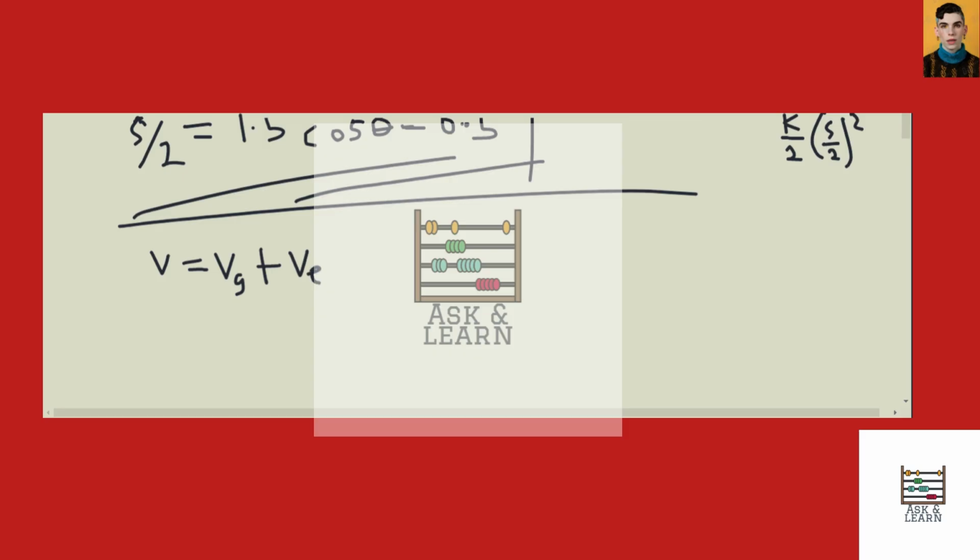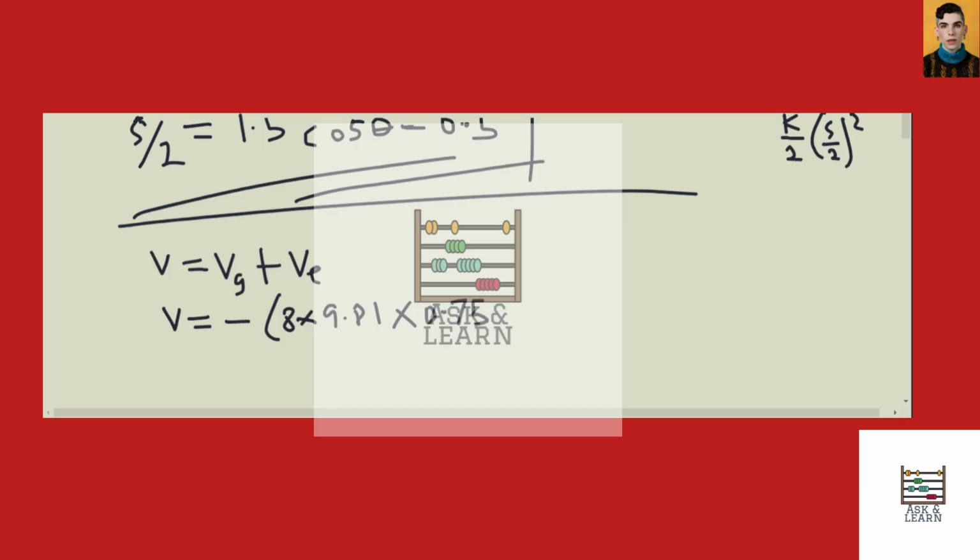So for V, we are going to have VG. We said that this one has a negative potential energy. Of course, we are given 8 lb. So 8 lb times 9.81 times 0.75, cos theta that we got initially.